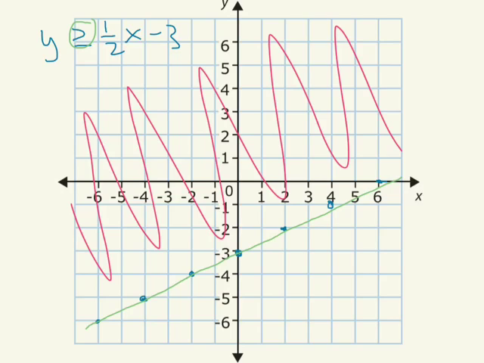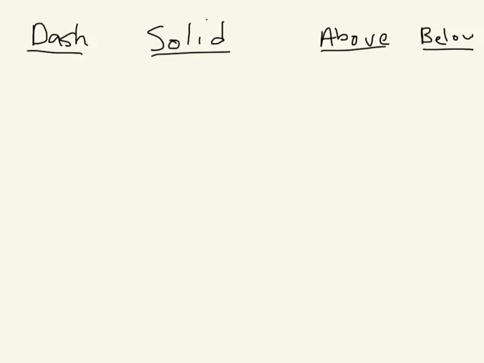Okay? So here's a quick refresher on how to remember where to shade and what kind of line you use. If you want to use a dashed line, you're going to be using your greater than and less than. The solid lines have greater than or equal to and less than or equal to.